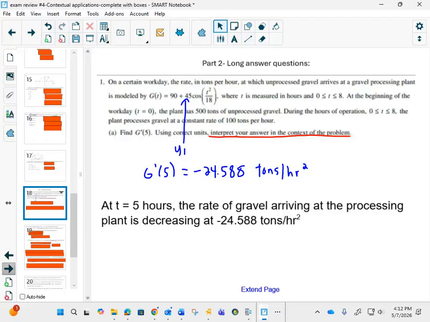So when it says in the context of the problem, we have to use the words in the problem and use the units. Tons per hour would also be fine.